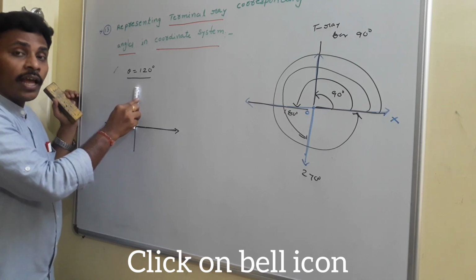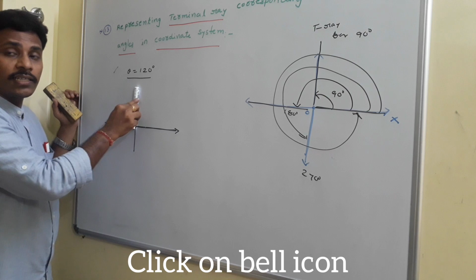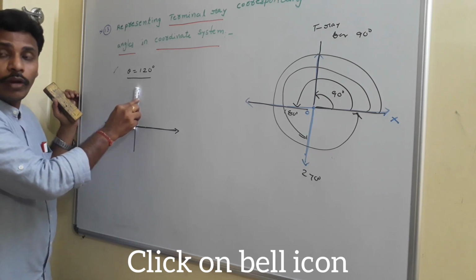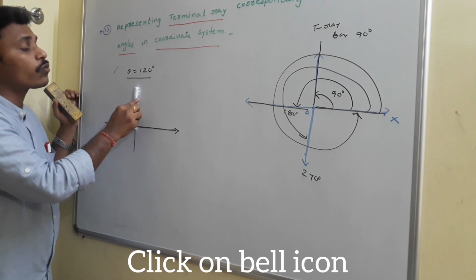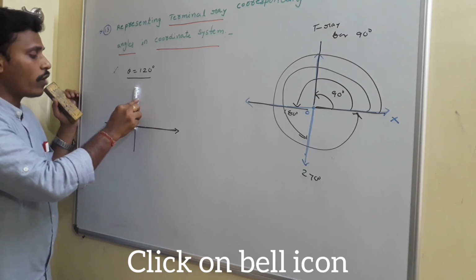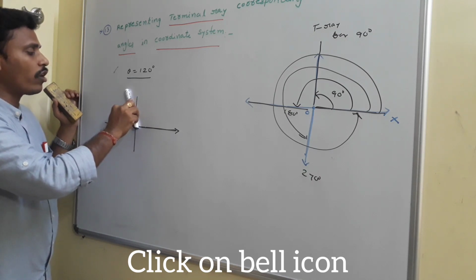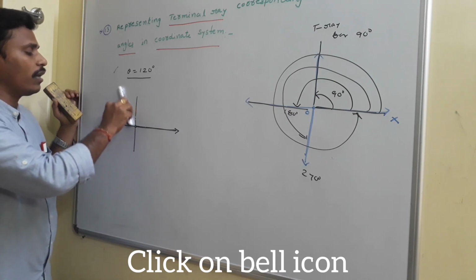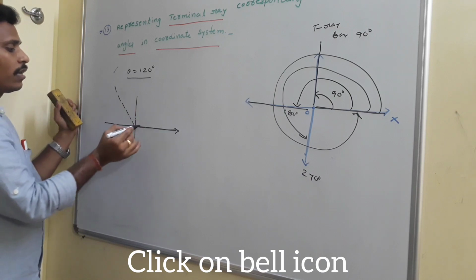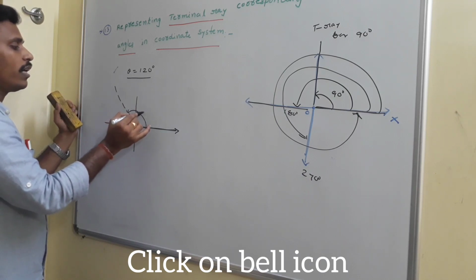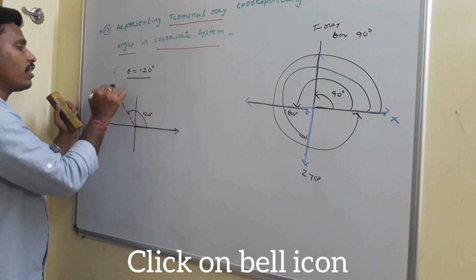But what do we need? We need an angle of 120 degrees. Since this is the position corresponding to 90, you need to rotate some more 30 degrees, because 120 is 90 plus 30, right? So again rotate, rotate. Suppose approximately this is the position corresponding to 120 degrees. This total angle is now 120 degrees, then this is the terminal ray.